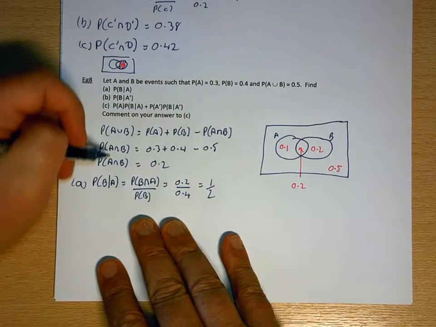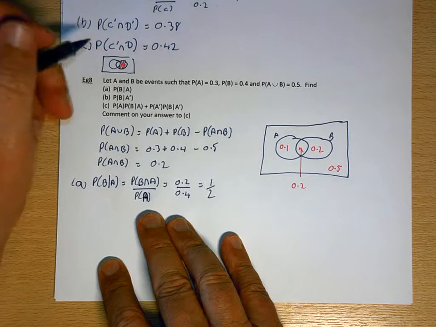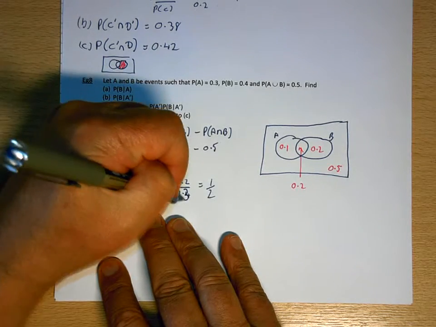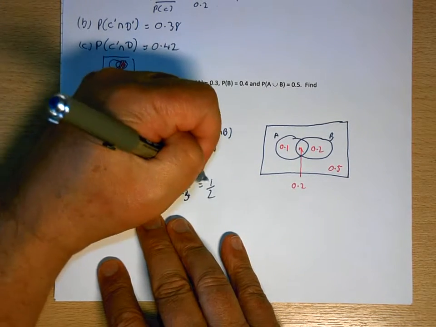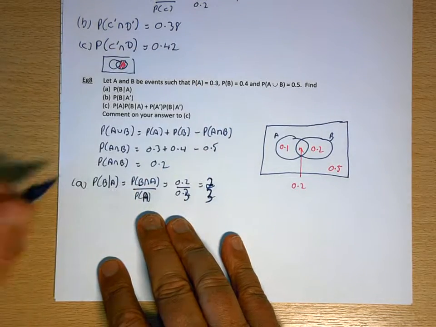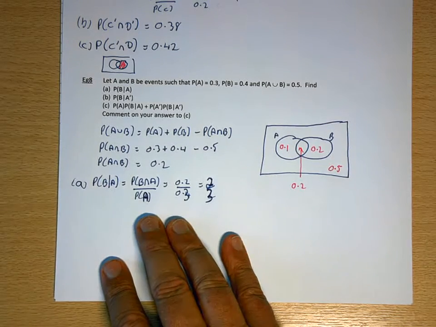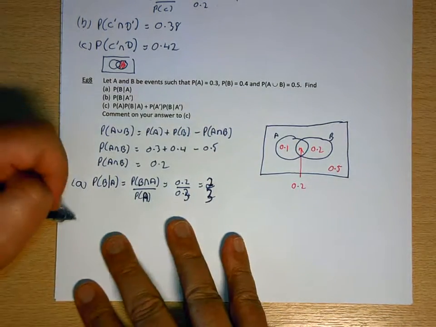Sorry, probability of B given A is over the probability of A, which is 0.3, which is 2/3. So probability of B given A, you're given A, so it's the A probability that is the denominator.